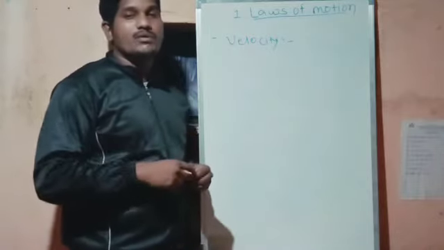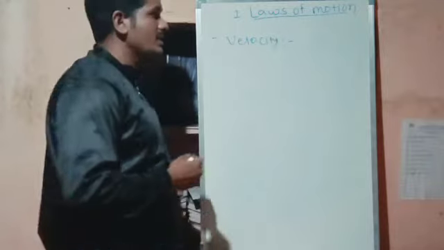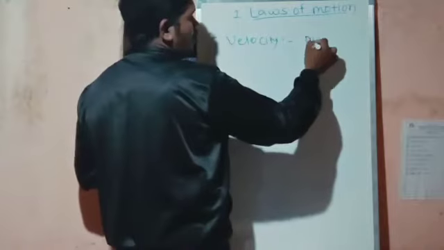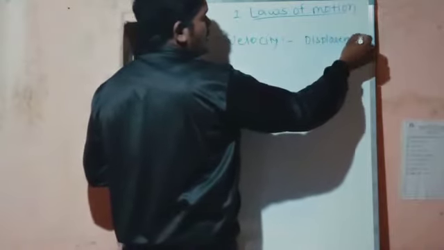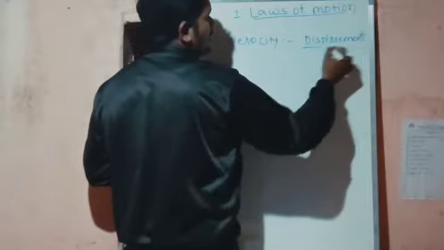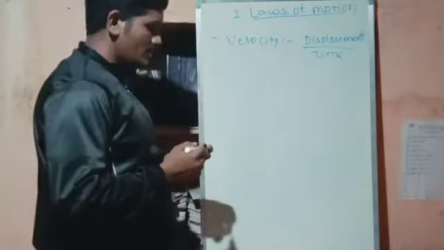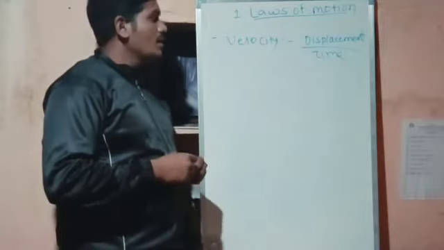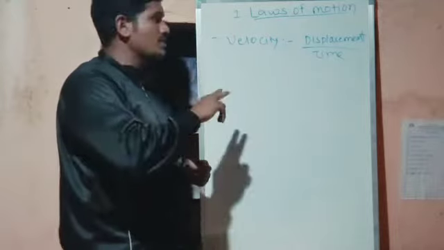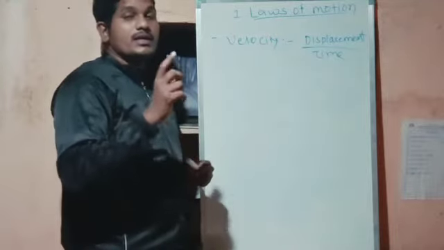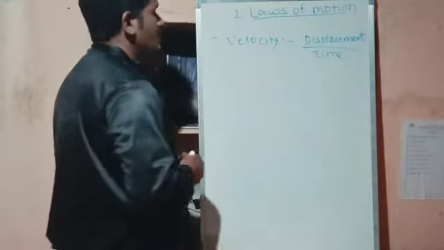That is the basic formula for speed. In the same way, the formula for velocity is displacement upon time. So this is the basic formula for velocity. Now you have two formulas, one for speed, one for velocity, and the velocity formula is displacement upon time. I will give you one example.